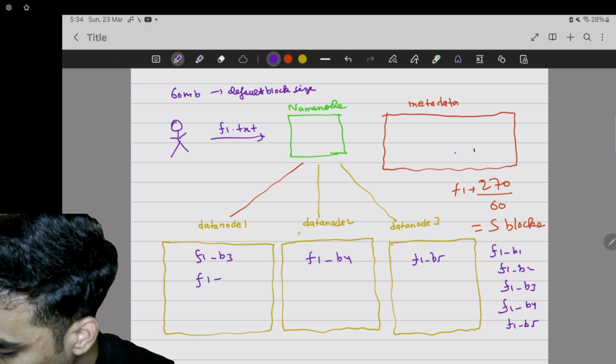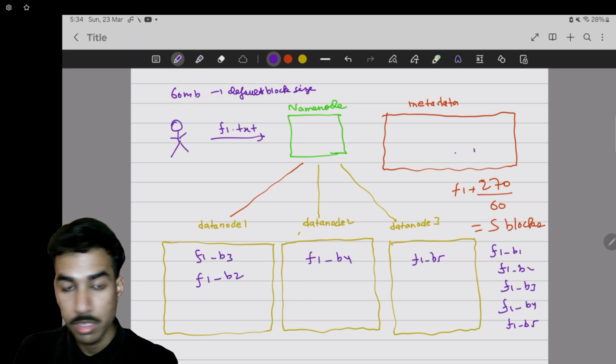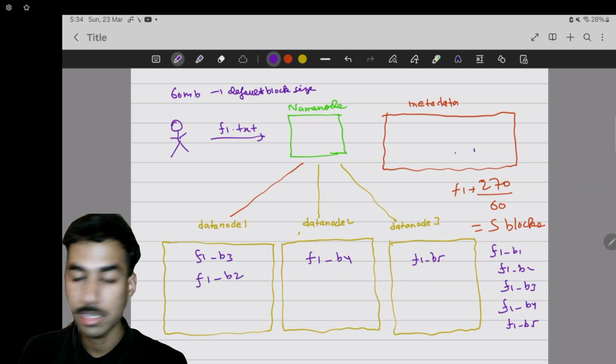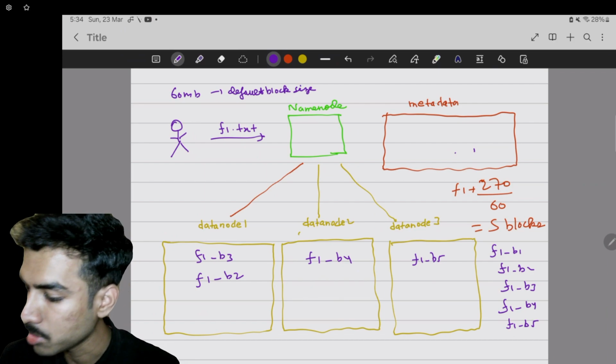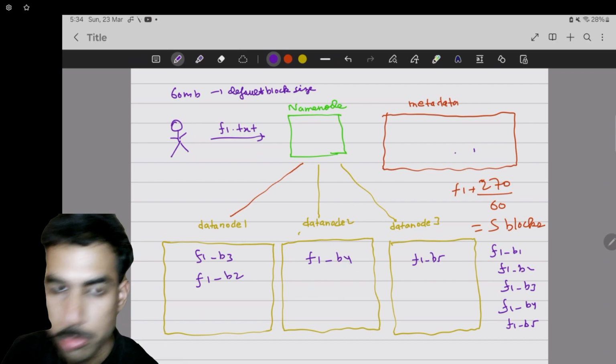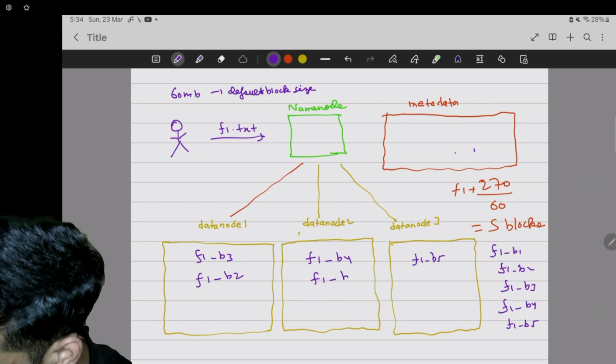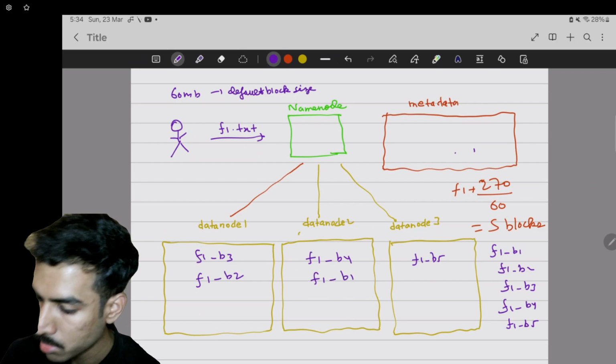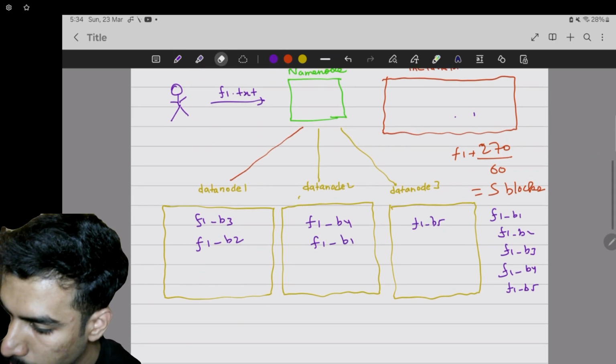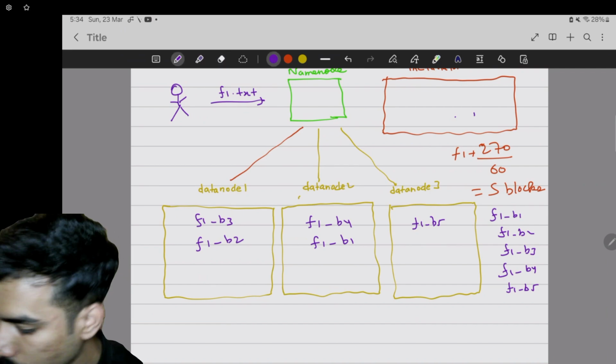Similarly, F1 B2 gets stored here. Name node decides. I'm not deciding. Name node is deciding that F1 B3, B4, B5 should get stored here, and F1 B1 gets stored here.